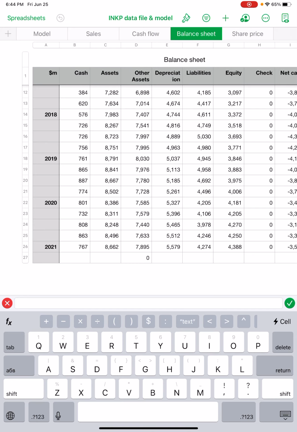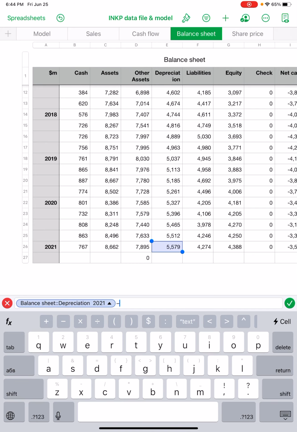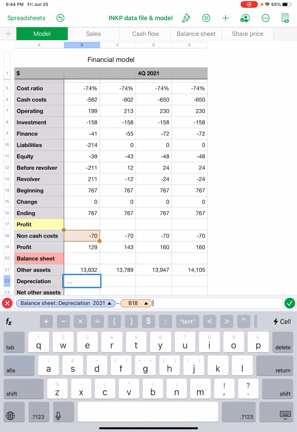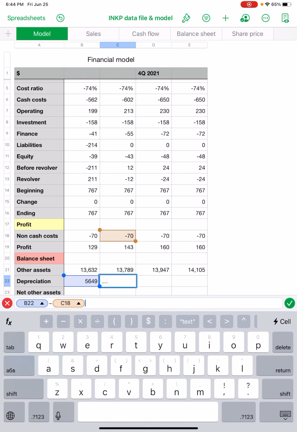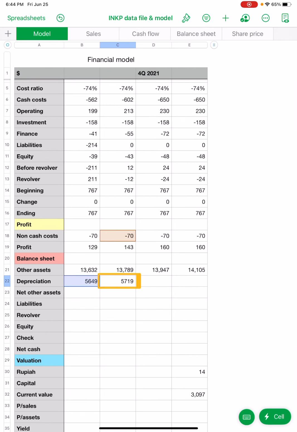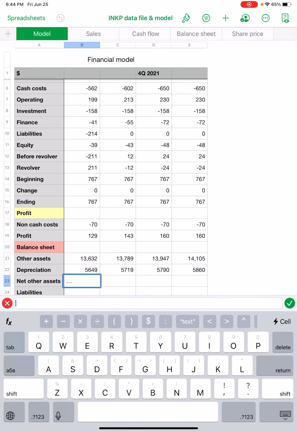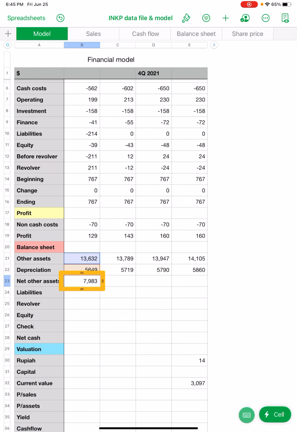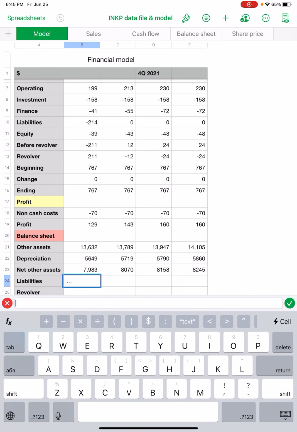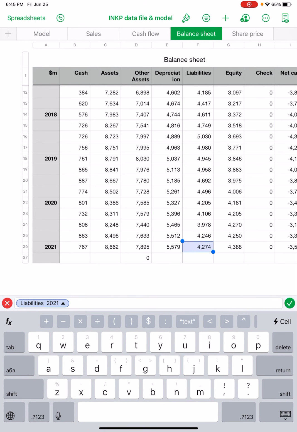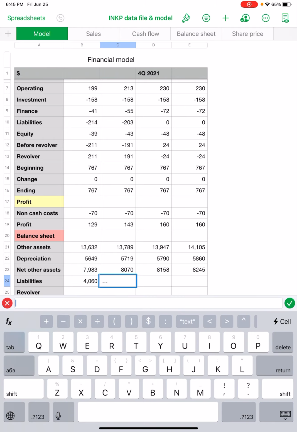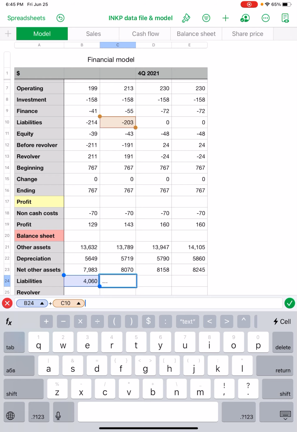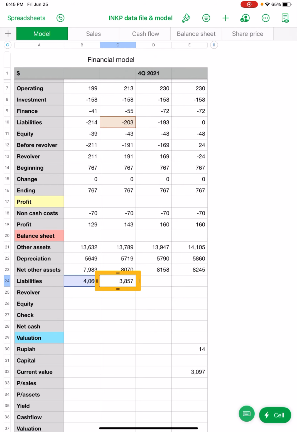Depreciation, we'll add the latest depreciation, which is here, and then this one is going to be accumulating, and then the net is the gross minus depreciation, and we can drag that across. Liabilities is now going to be the previous liabilities and the liabilities payment. You can see this is going to add up now. Same again, and we can now drag this one across.